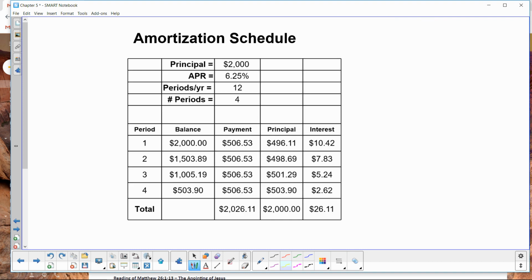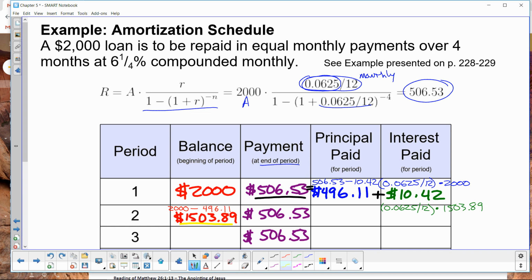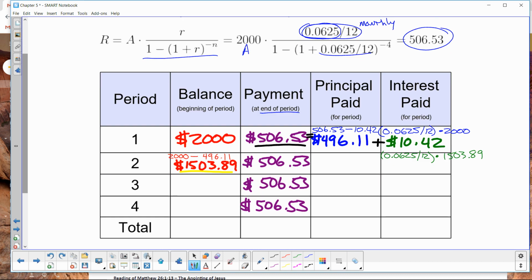That comes to $7.83. And then I subtract that off my payment. $7.83 is going toward interest. The rest goes toward my principal. So up here, I'm going to have $506.53 minus $7.83.